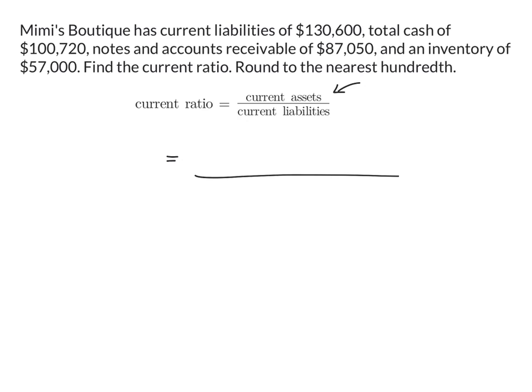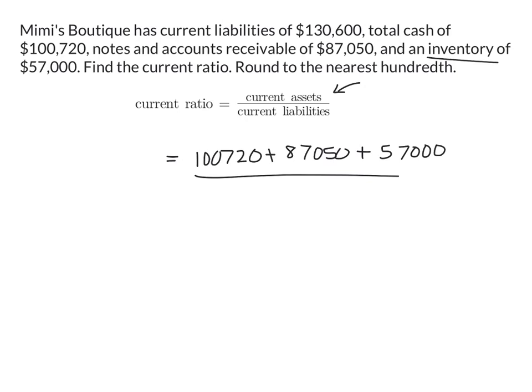So we're going to take the values of cash, which was $100,720. Then add the notes and accounts receivable, which was $87,050. And then we're also going to add the amount of inventory, which was $57,000.